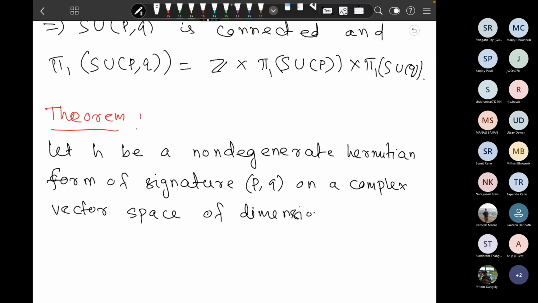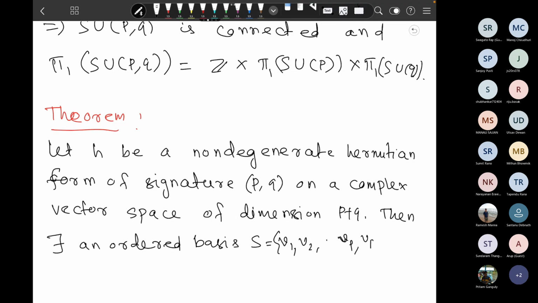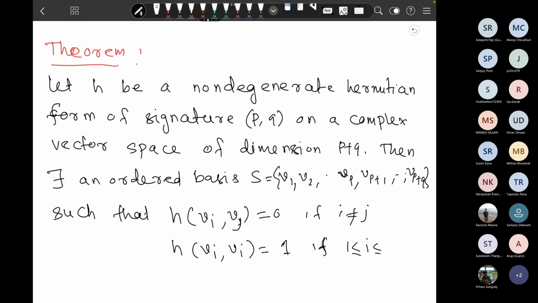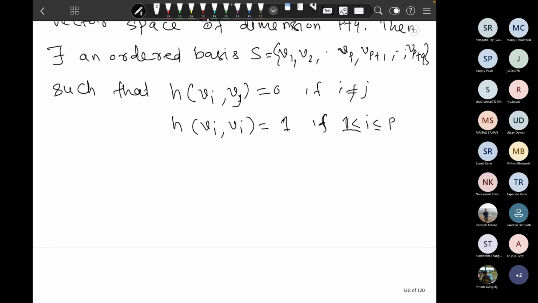So then there exists an ordered basis S equal to V1, V2, up to Vp plus Q, such that H of Vi, Vj is equal to 0 if i is not equal to j, and H of Vi, Vi is equal to 1 if 1 is less than or equal to i less than or equal to P. Now H of Vi, Vi is equal to minus 1 if P plus 1 is less than or equal to i less than or equal to P plus Q.